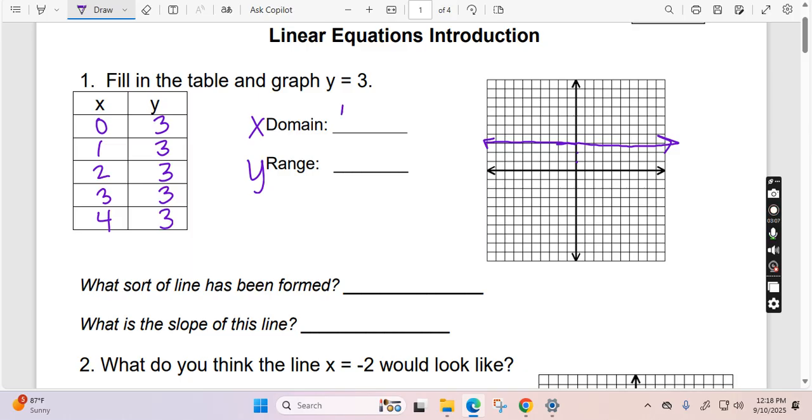So what's my first value going to be? Negative infinity, okay? And it goes where? To positive infinity, okay? We write our domain and range in interval notation, okay? Alright, so what about my range? Does it have more than one value? No. So I can just say that my range is 3.